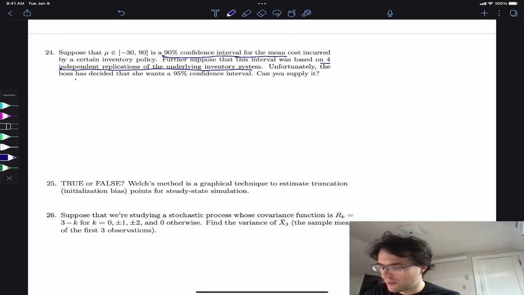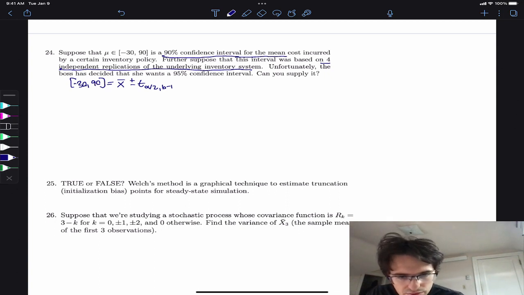So we had, let's say, the 90% interval. The way we got here, you had x bar plus or minus t alpha over 2, b minus 1, times, let's see, one sec. Give me a second, let me think for a second.